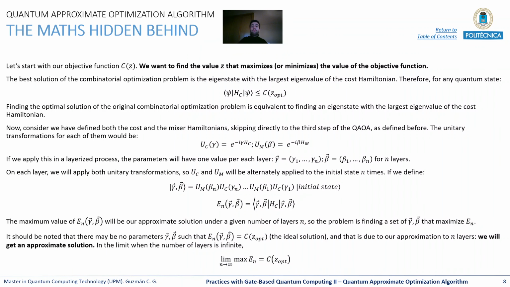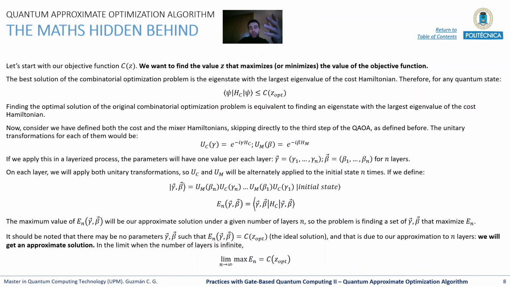So what are the maths that are hidden behind all of this? If we start with our objective function, as it's the cost function, we can call it C of Z. We will want to find the value Z that maximizes or minimizes the value of the objective function. Again, maximization, minimization.